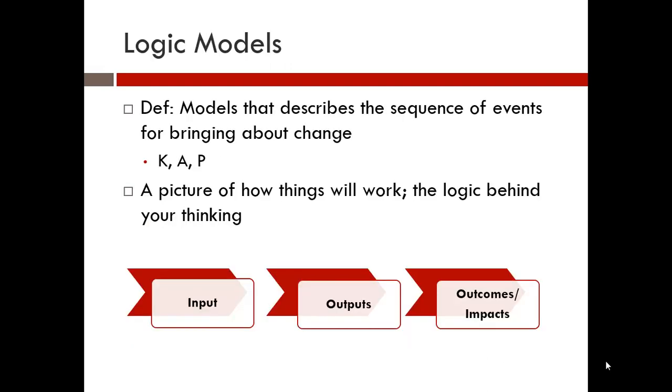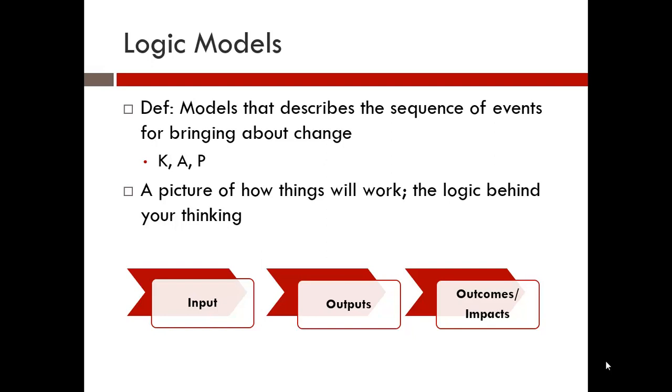You also have what's called a logic model or logic models. These are defined as models that describe the sequence of events for bringing about change. And of course, as we talked earlier in Module 1.1, these changes include things such as knowledge, attitudes, and practice. So a logic model is a picture of how you think things will work. Again, it's the logic behind your thinking. A typical logic model includes an input, what are you putting in, the output, what's the product or the deliverables, and then the outcomes or the impacts of all of these things that you put in.